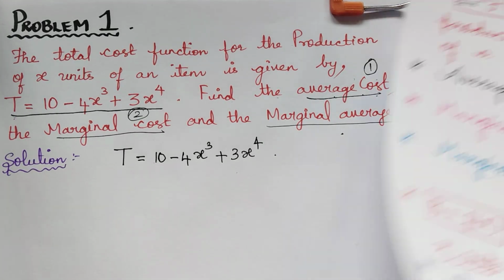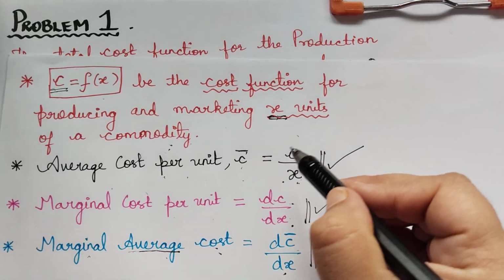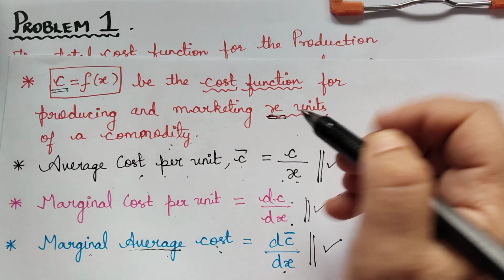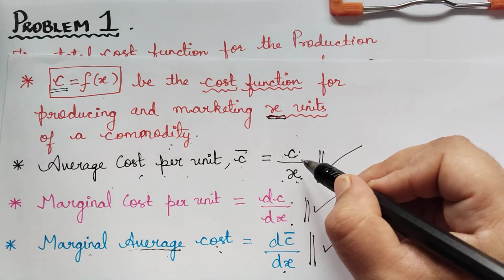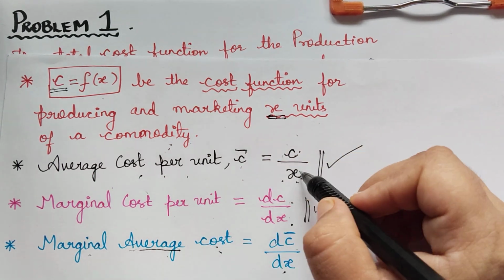We saw in the previous video lecture that if C is the cost function, then the average cost is given by C by X, that is, dividing the cost function by the X units of the commodity.